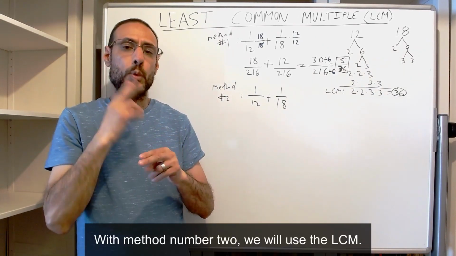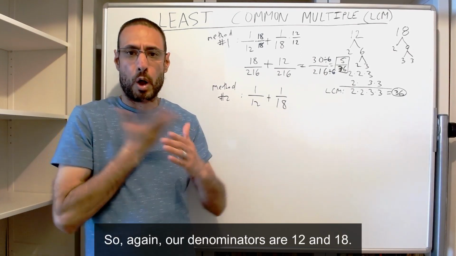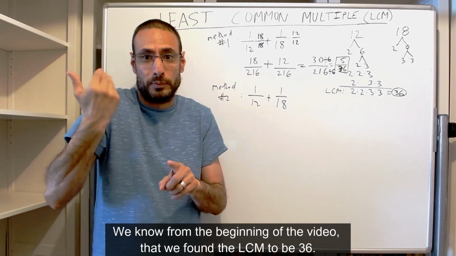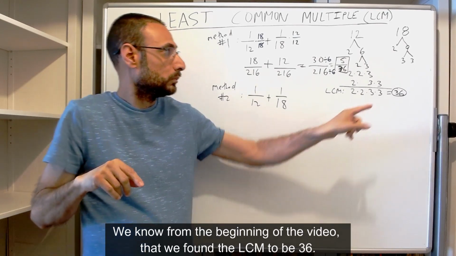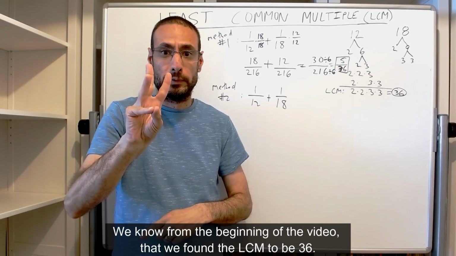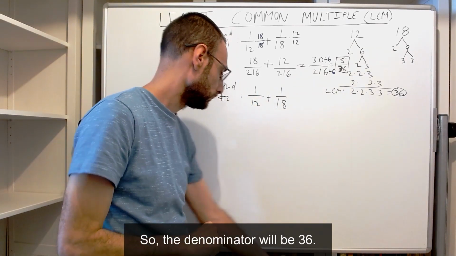With method number 2, we will use the LCM. Again, our denominators are 12 and 18. We know from the beginning of the video that we found the LCM to be 36. So, the denominator will be 36.